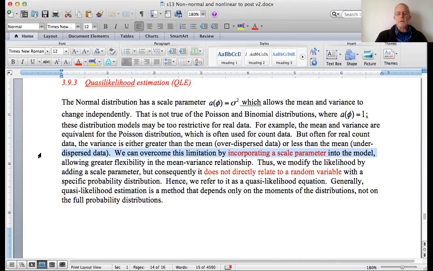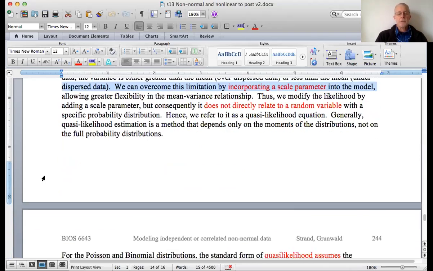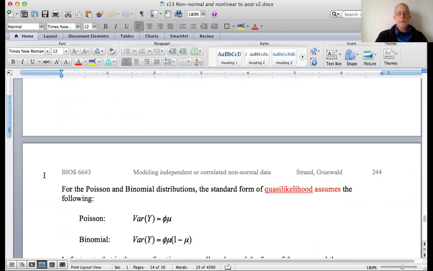So what they do in this case is assume that if the problem with the variance is that it's too restrictive and doesn't have another parameter, it just adds another parameter. So it says, well, the problem with the Poisson is the variance is equal to mu. So let's just say the variance is equal to phi times mu.